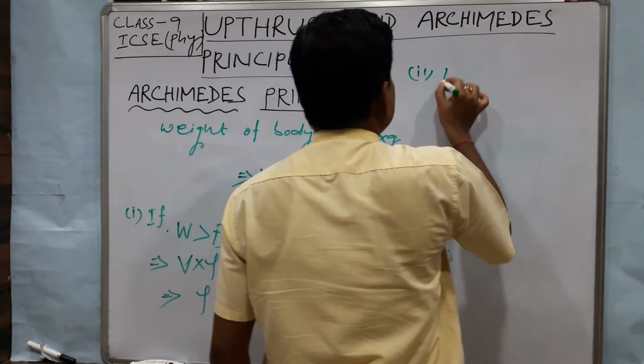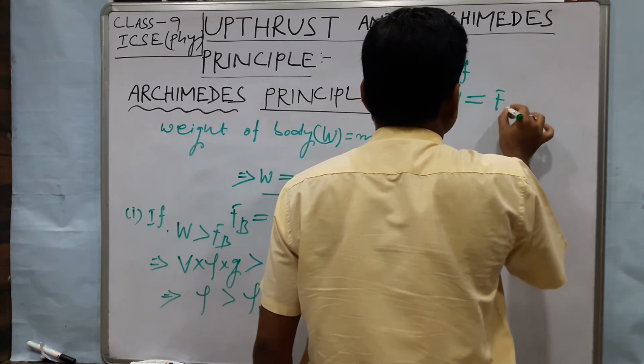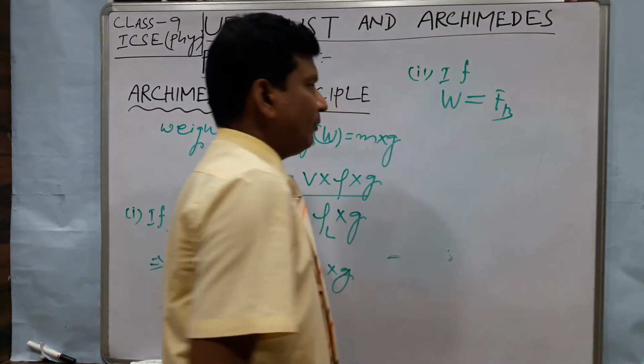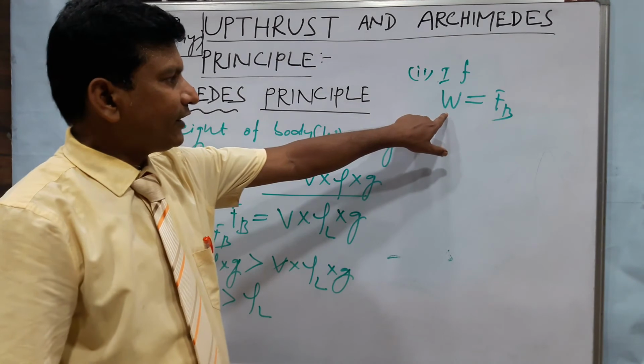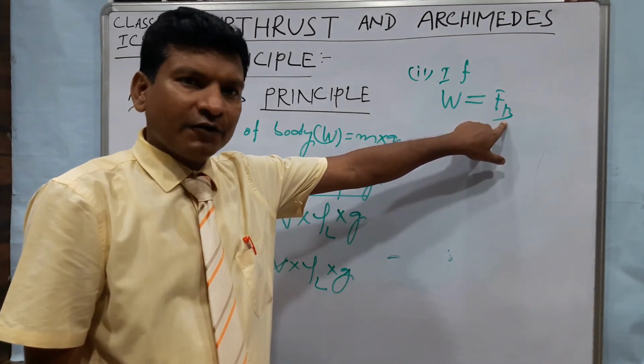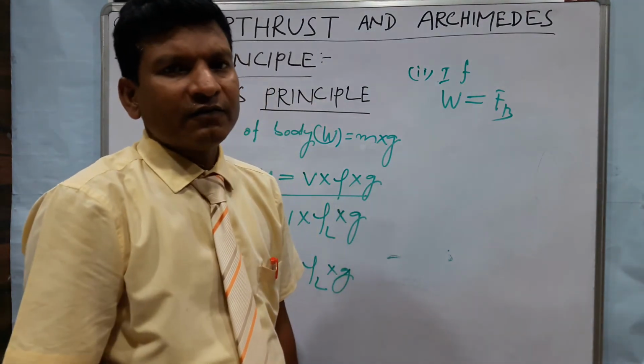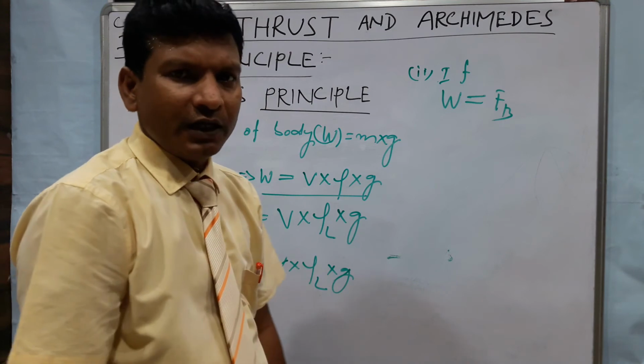Number 2, if W is equal to Fb. W is equal to Fb means what? The weight of the body is equal to the upthrust or the buoyant force. In that situation, you know that the body is floating, isn't it? Or the body will float.